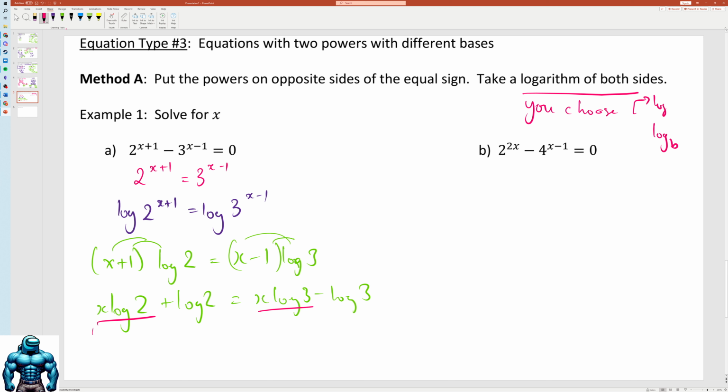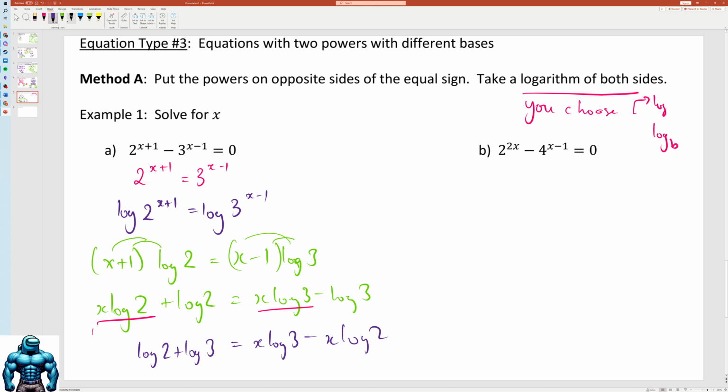And all the regular logs, these are simply numbers, but if you want to keep them exact, we're going to leave them as log 2 and log 3. We're going to bring them over here. So we have log 2 plus log 3, since I just added log 3 to both sides, which is equal to x log of 3 minus x log of 2 when I brought this log over to this side here.